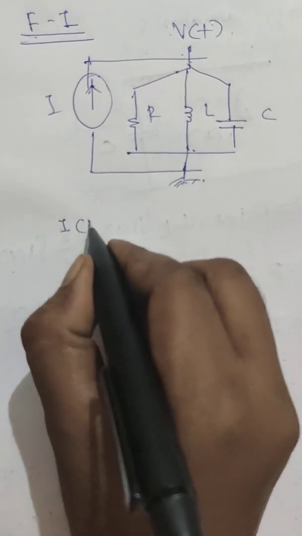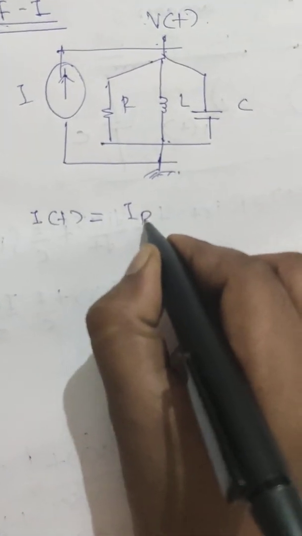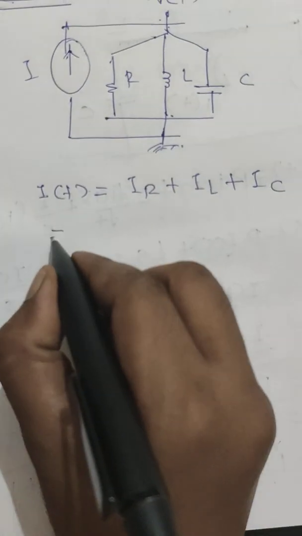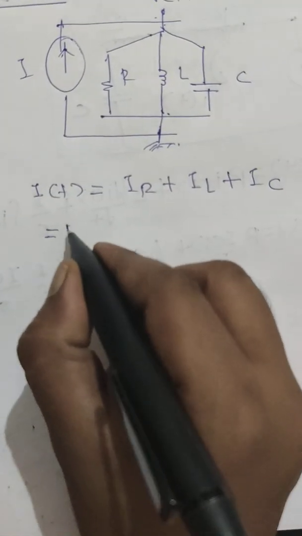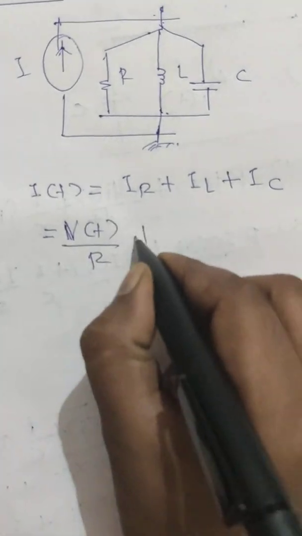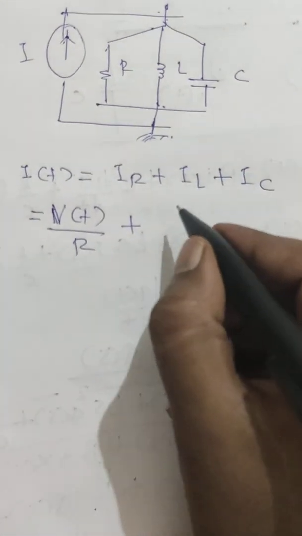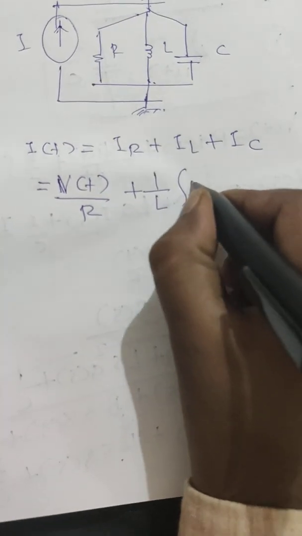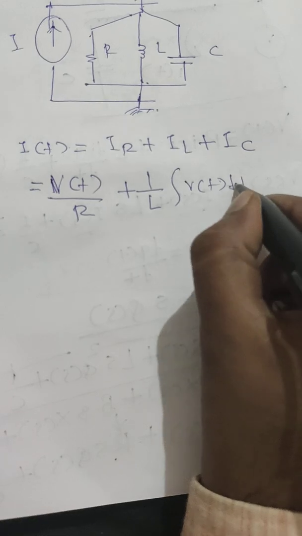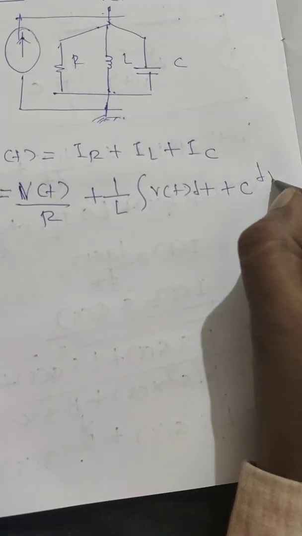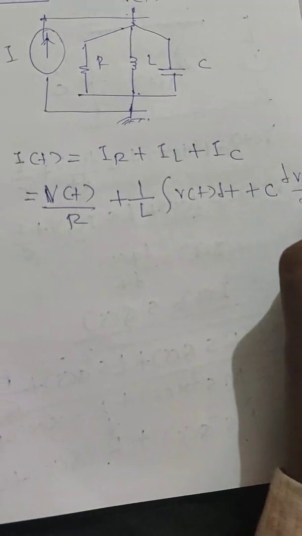Current through the resistor is V of t upon R using Ohm's law, plus current through the inductor is 1 by L integration of V of t dt, plus current through the capacitor is C into dV of t upon dt.